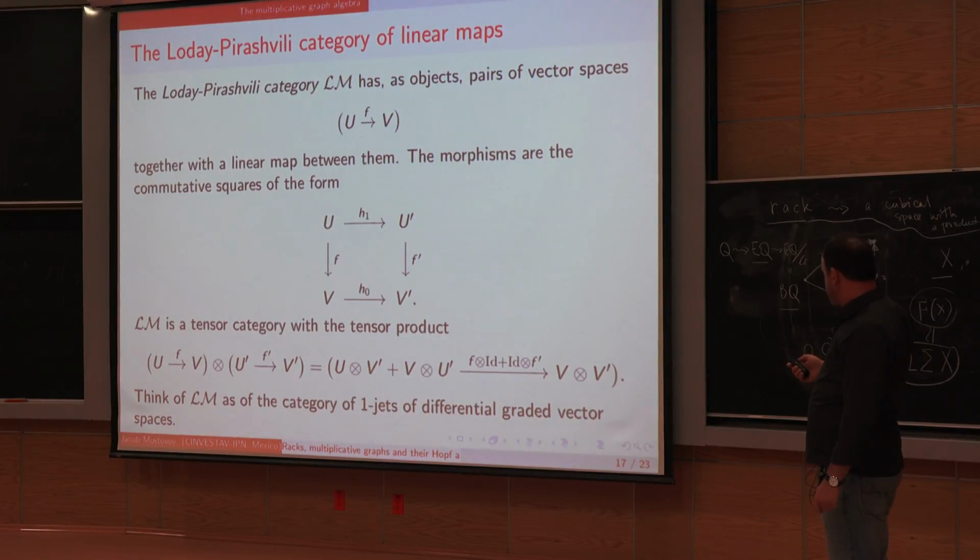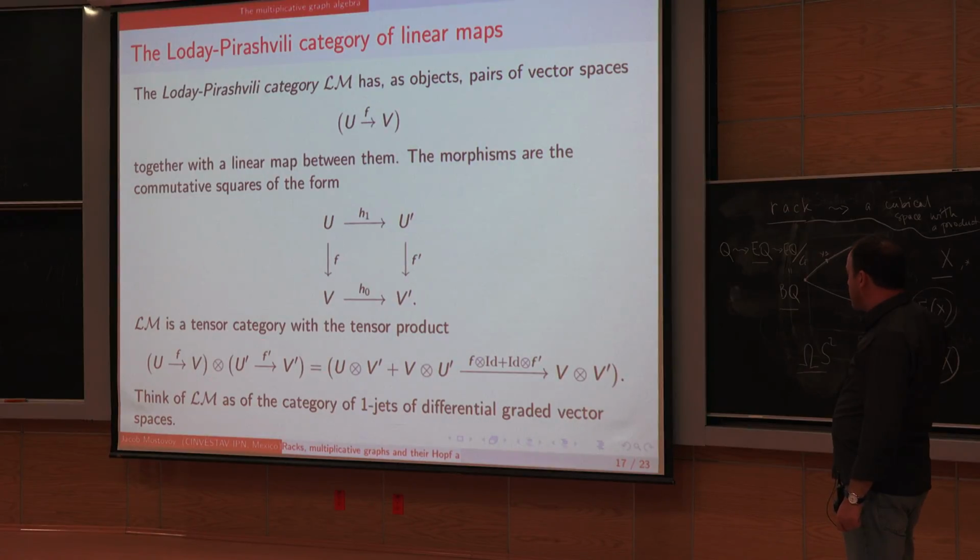The objects in this category are just linear maps between vector spaces, and it has something that Loday and Pirashvili call the infinitesimal tensor product. It's quite similar to the Cartesian product of graphs. In degree 0, it's just the usual tensor product, and in degree 1, it's this kind of crossed construction.